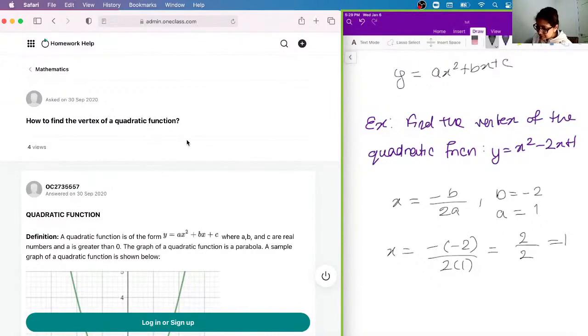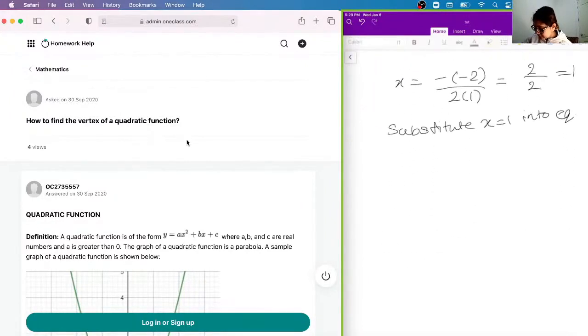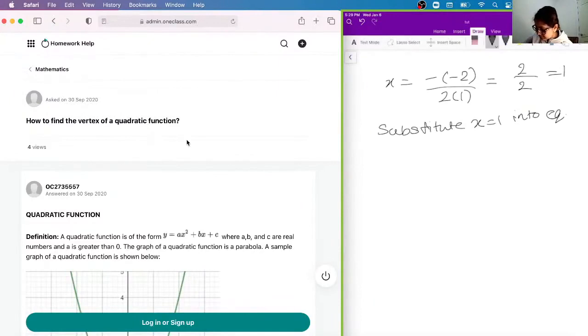So now what we do is substitute x equals 1 into your equation. Since our equation is y equals x squared minus 2x plus 1, we substitute x equals 1 wherever there's an x.